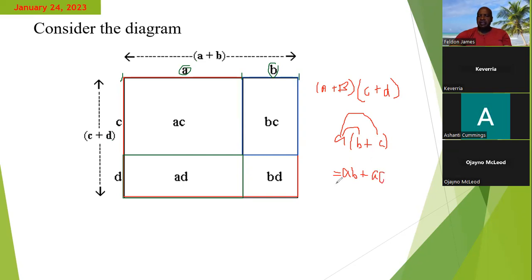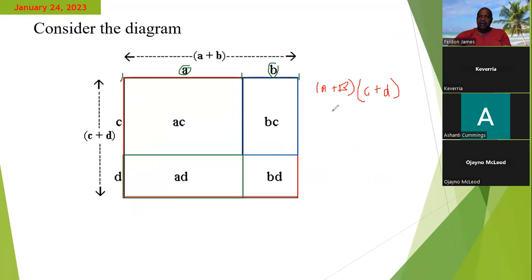And so this is how we would remove brackets with just a single term using the distributive law. But if we have the product of binomials, what you would notice is that now both brackets have two terms.